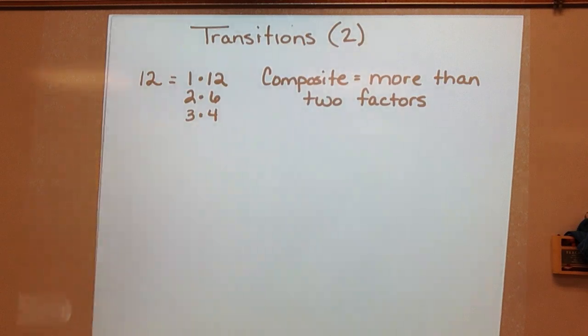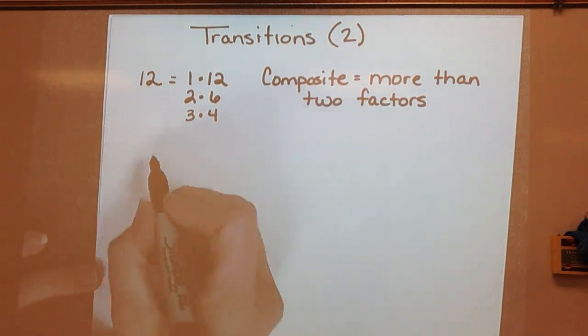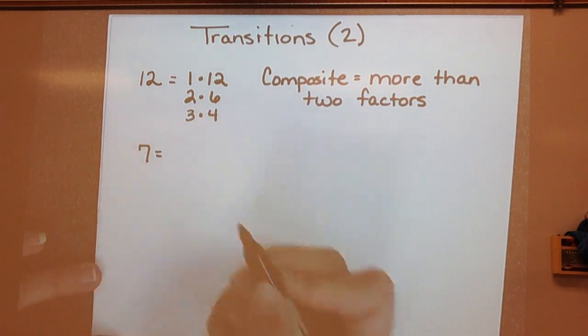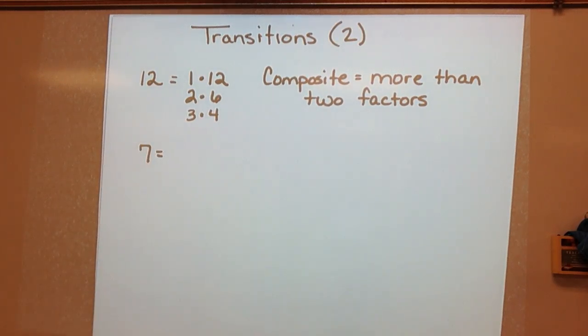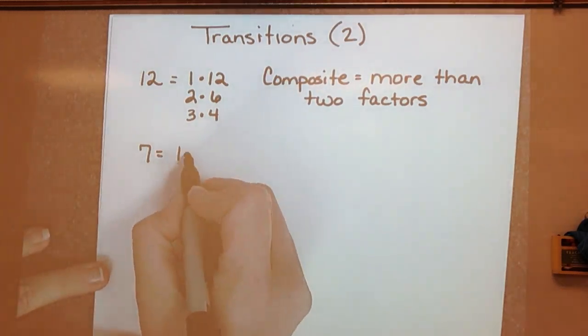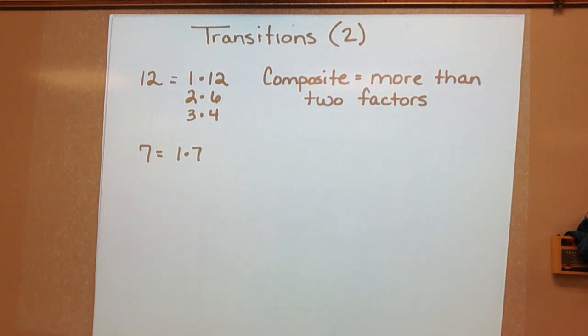Now, let's take a different number. Let's say I want to look at the number 7. Thinking about how I could factor 7, 1 times 7. If I run through my other numbers, there's no other way for me to factor or to split up the number 7, except 7 times 1 or 1 times 7.